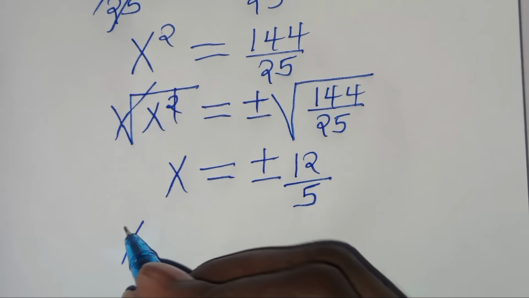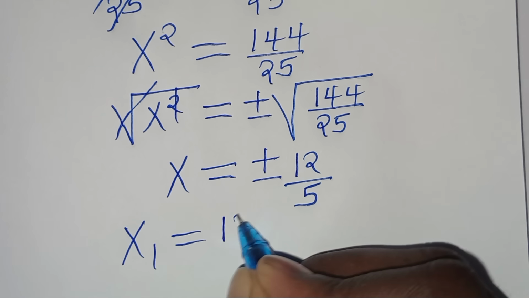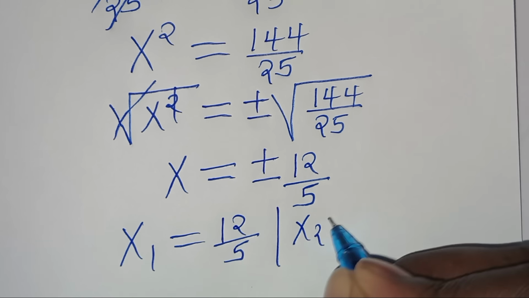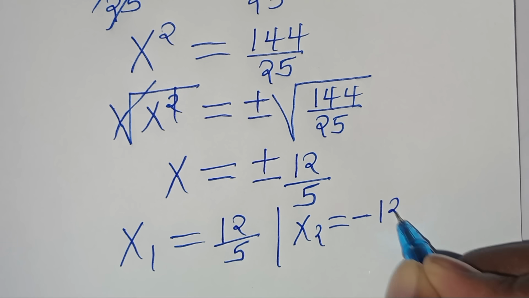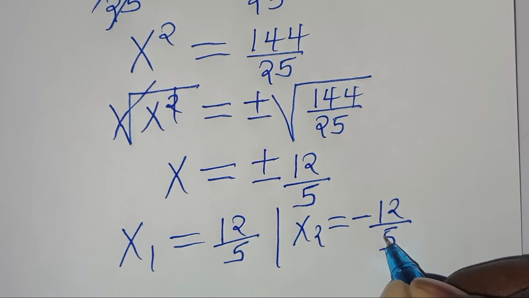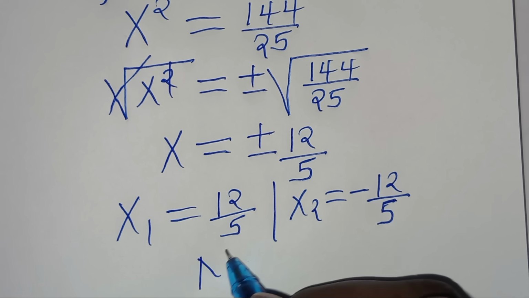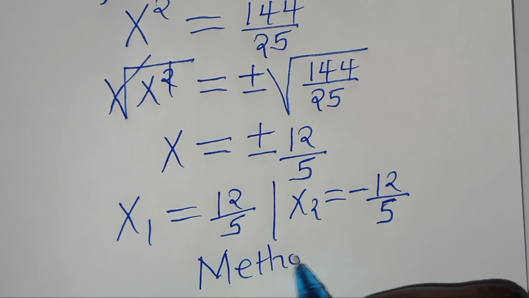So we have x1 equal to 12 over 5, and x2 equal to negative 12 over 5. Now, let's proceed to method 2.